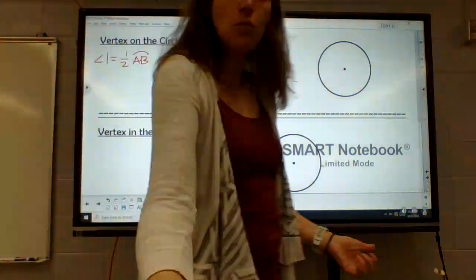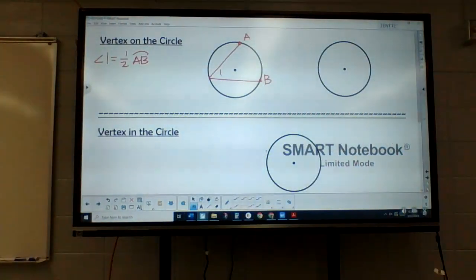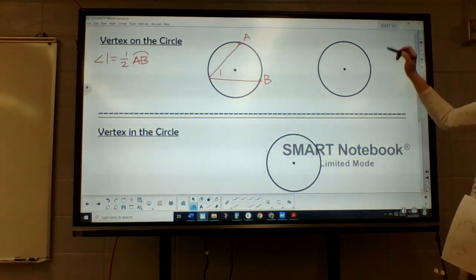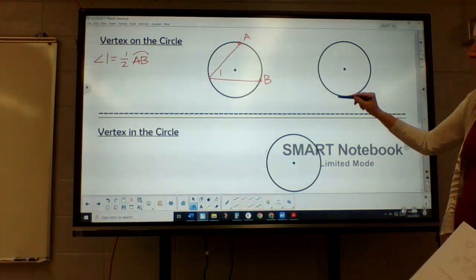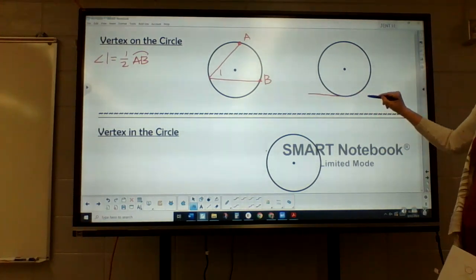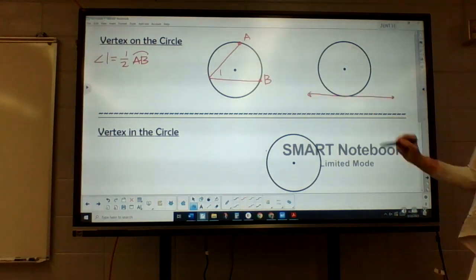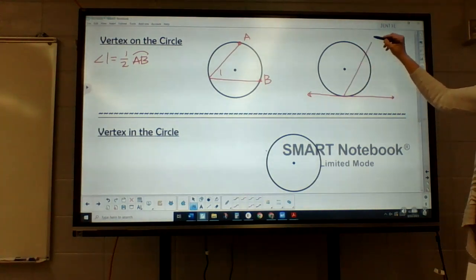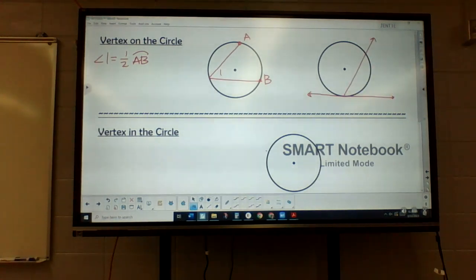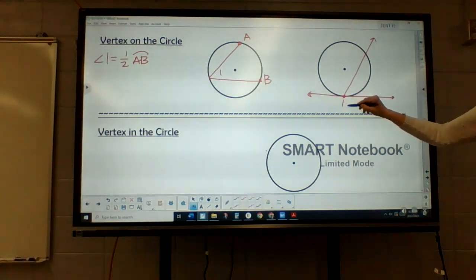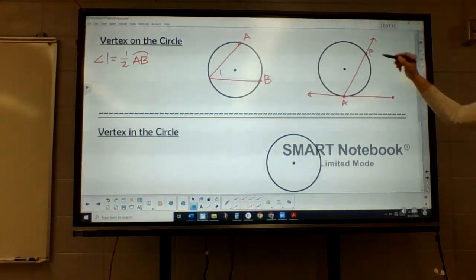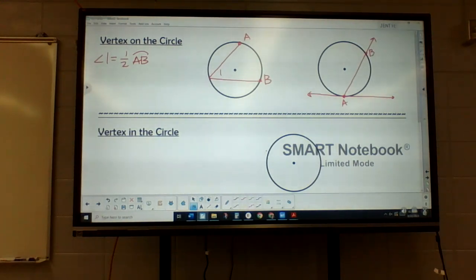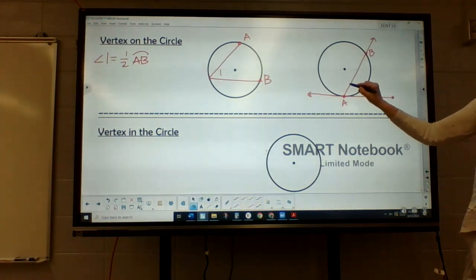But I'm going to show you guys one that looks a little bit different. What if the angle is kind of on the edge of the circle? So let me show you guys that. If I have a line here, so draw a tangent line. And then we're going to draw just a line going up this way. If this is A to B, that arc still connects those two, but this angle 1 would be right here.